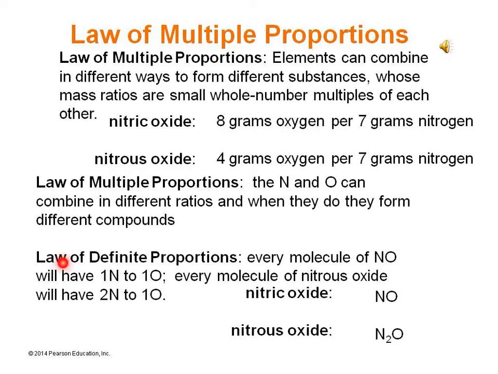The law of definite proportions says that every molecule of nitrogen monoxide will have a 1-to-1 ratio between nitrogen and oxygen, and that every molecule of nitrous oxide will have a ratio of 2-to-1. In other words, the same substance is the same as the same substance.